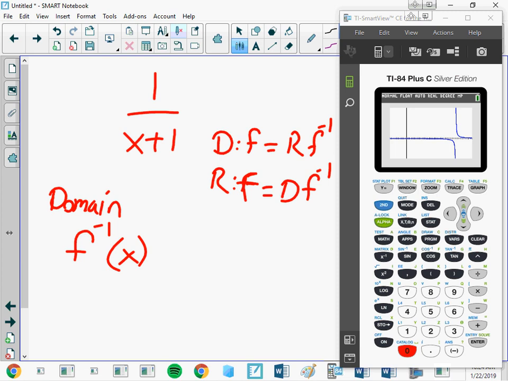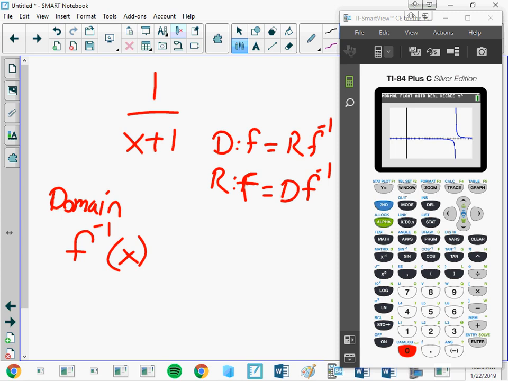So this has a domain restriction. Where is it? X can't be negative 1. Okay. The only thing that's going to restrict the range is a horizontal asymptote. Does this have a horizontal asymptote? Is the bottom bigger than the top?